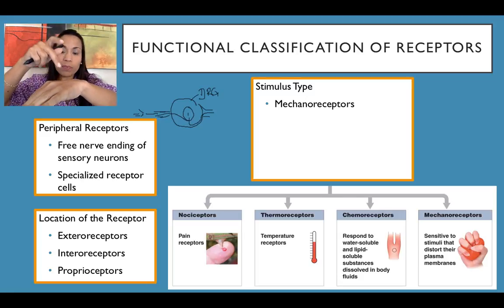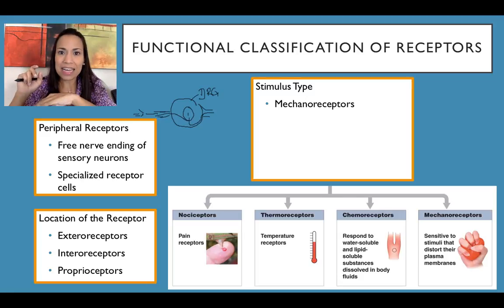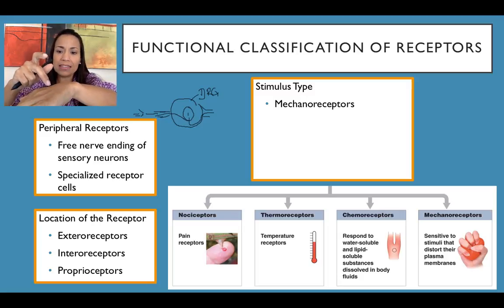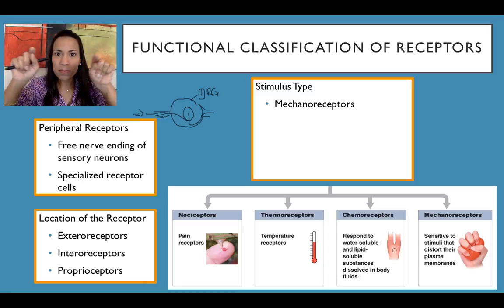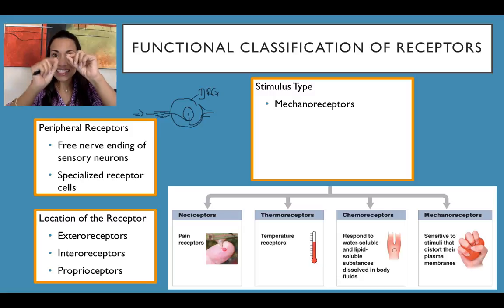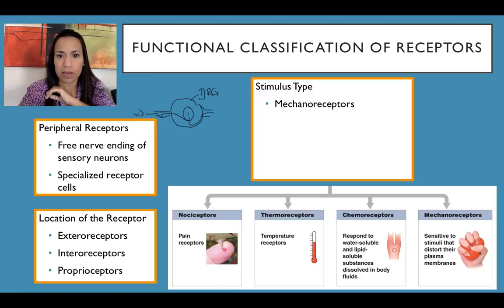When you touch, for example, touch is detected by a type of mechanoreceptor. As you touch, you're deforming the surface, or with pressure, which is deeper, you're deforming it. And that change in the physical structure of the receptor is what activates these receptors.